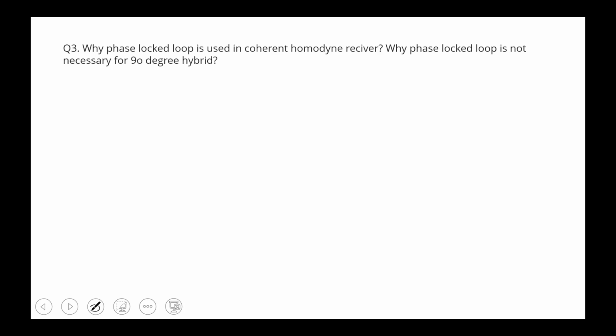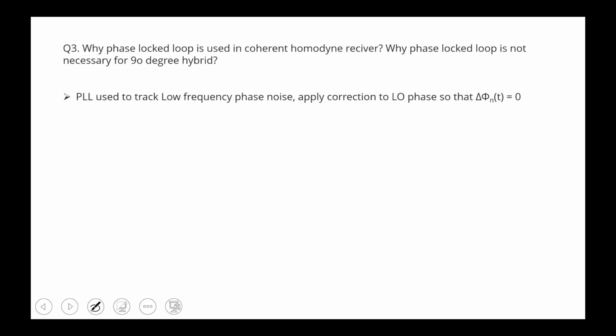Yes, sir. So we just want to suppress the noise or extra component that comes through the local oscillator. We want to make it 0, so we use the phase lock loop. The phase lock loop tracks the low frequency noise so that phi nt equals 0.